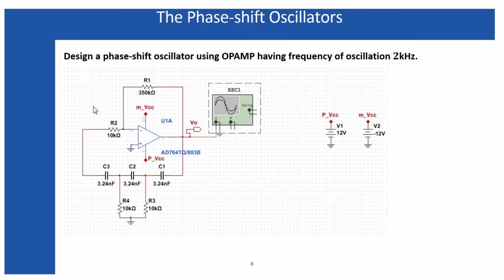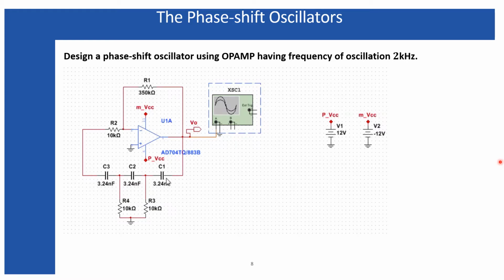The phase shift oscillator that I have just designed, the schematic of that I have represented on the right hand side, and the circuit I have represented over here, and I will simulate it and show you how the phase shift oscillator actually works. But there is a difference between the schematic you are observing on the right hand side and the schematic you are observing on the simulator over here.